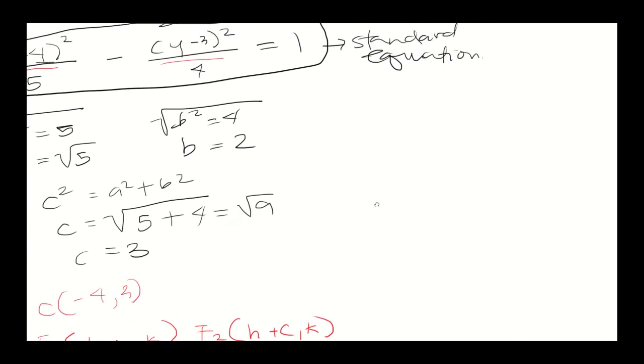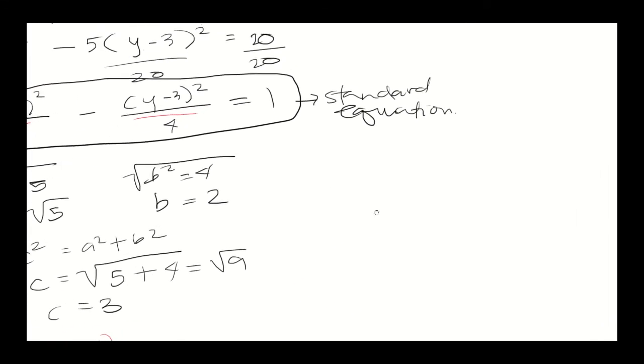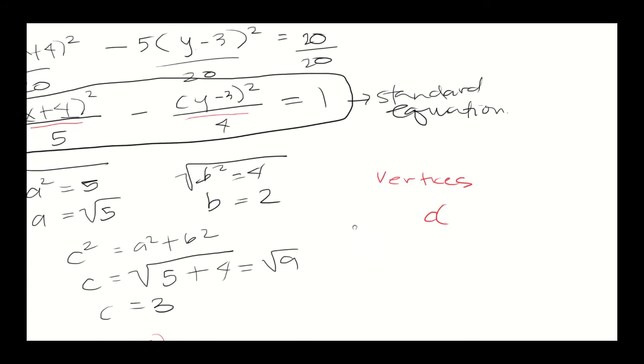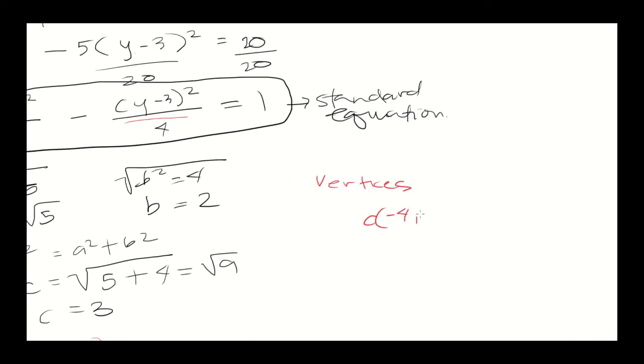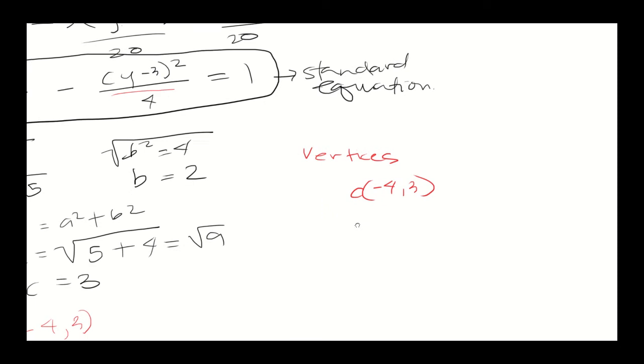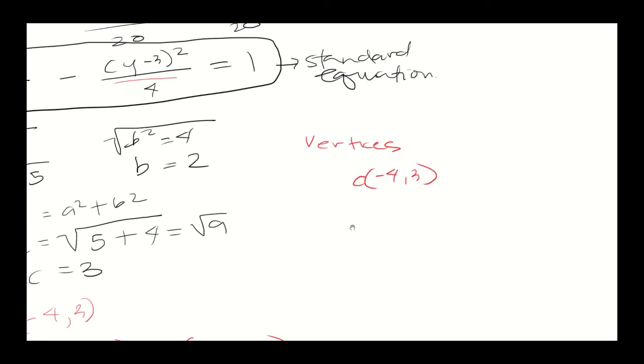Now we get the vertices. To get the vertices, we need again the center, which is negative 4 and 3. Then we use a. So V1 is (h minus a, k) and V2 is (h plus a, k).